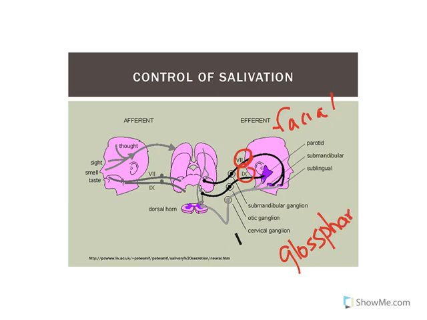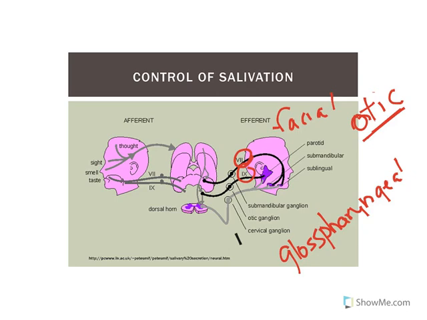The glossopharyngeal will innervate the parotid glands via the otic ganglion. It's something you should have learned about in AMP1, and I still could test you on that. So the otic ganglion innervates the parotid gland. Then you have the facial nerve via the submandibular ganglion will innervate the submandibular and sublingual glands.